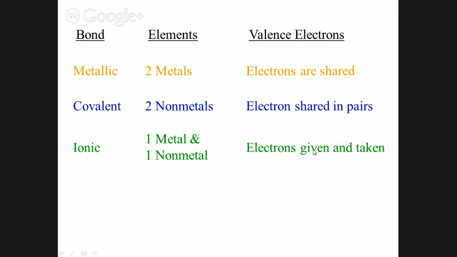And then ionic compounds form ions. The electrons are given and taken. We have positive ions. The valence electrons have been given away. And we have negative ions, the nonmetals that have accepted or taken those valence electrons. So just knowing this gets you a long way to being able to do this unit. Because really what we're going to be doing is looking at all kinds of combinations of these situations.